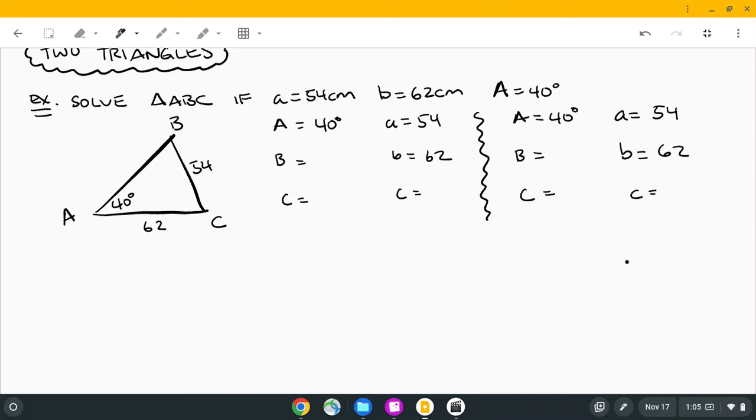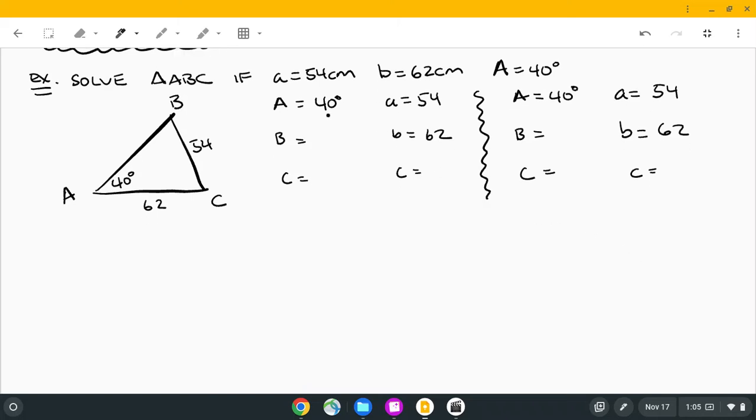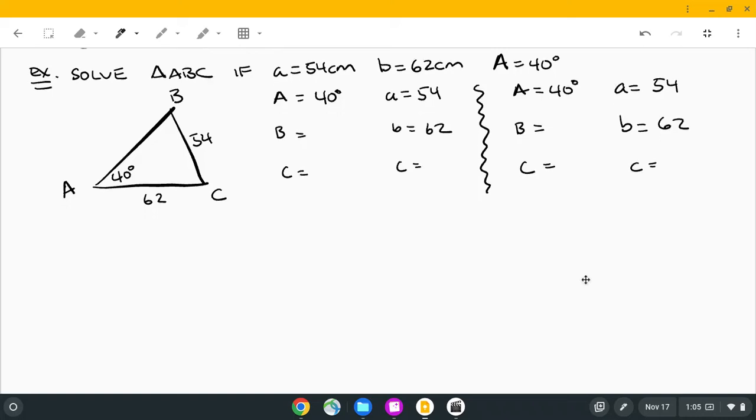Okay. All right, so looking at this, I can find angle B. Let me do this. Angle B1. So here I'm going to do sine B over 62 equals sine 40 over 54.